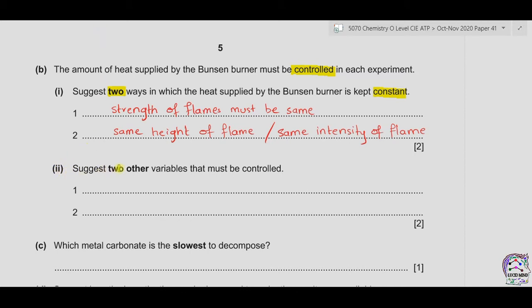Part 2 suggests 2 other variables that must be controlled. Now, apart from the intensity of the flame or the heat provided, 2 other things that can alter the rate of reactions are same amount of solid used, or we can say same surface area of solid.